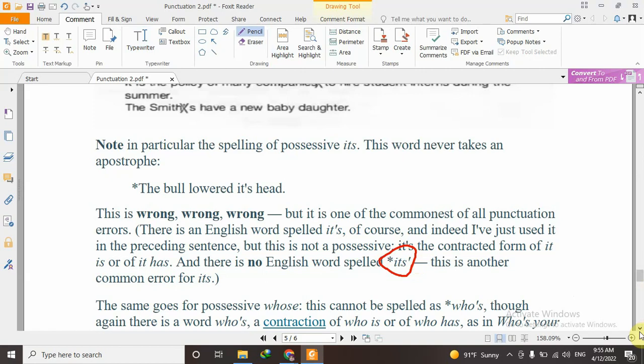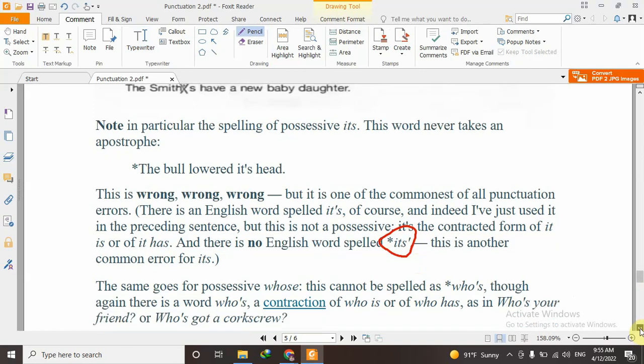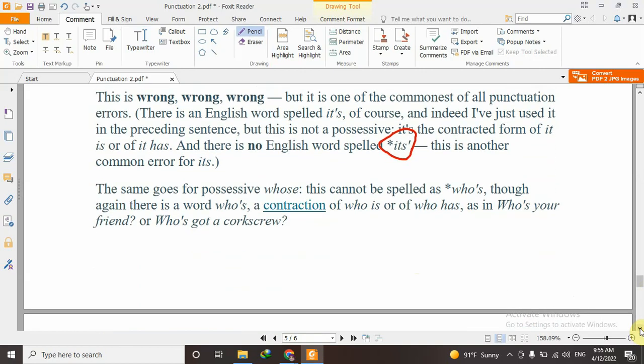The same goes within the possessive whose. It is the same as what we are talking about with it's: it is the same within whose, that is, whose and who is. The same goes for the possessive whose.